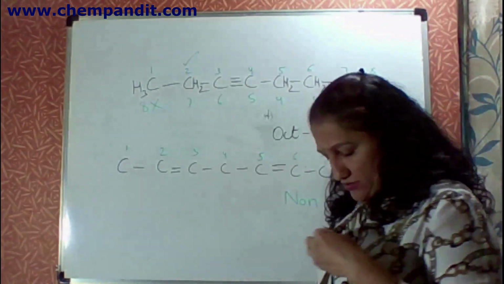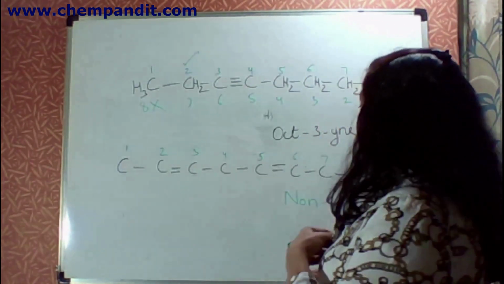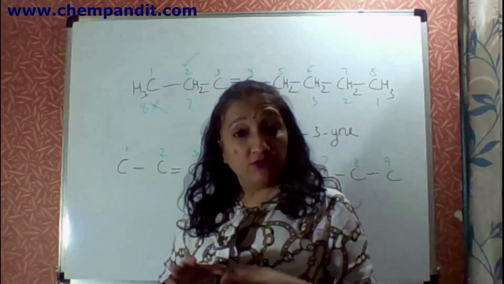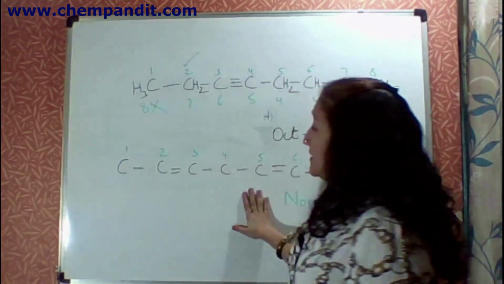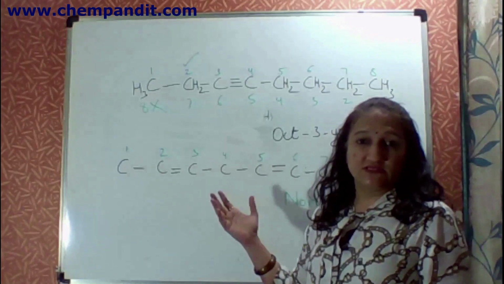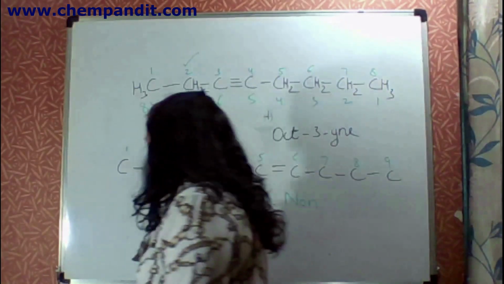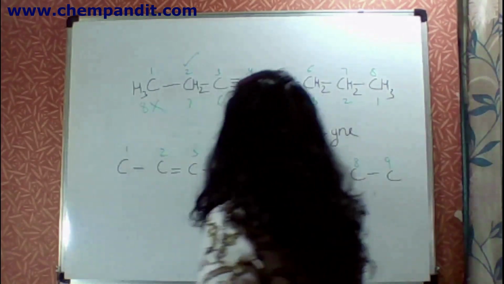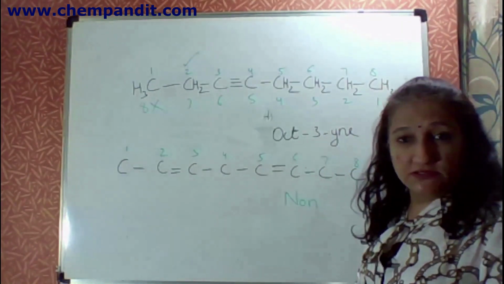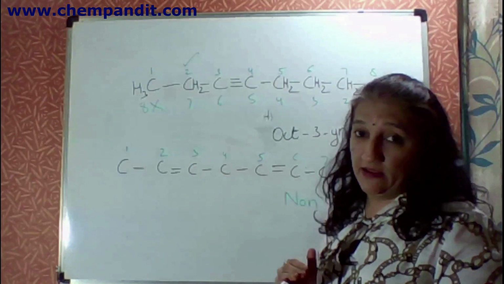Now what about the double bond? Since we have multiple double bonds, how will you name it now? Now the rule is when there are multiple double or triple bonds, then the prefix di, tri or tetra is used. For example, in this case, we have 2 double bonds, so we will use the prefix di. Clear?